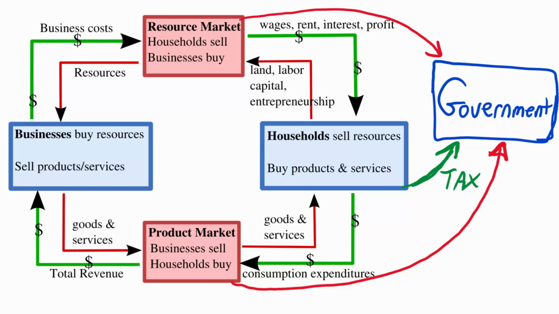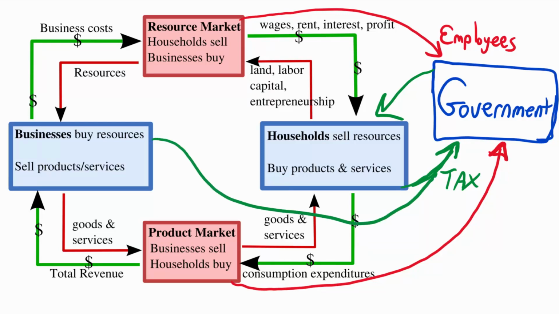So they need some employees, and they're going to have to pay for those employees so they can send some money back to the households for government employees, right? Another thing government might do is look at these businesses over here and say, hey, how about we get some tax money from businesses? So you can kind of see how government could get involved in an economy like this.